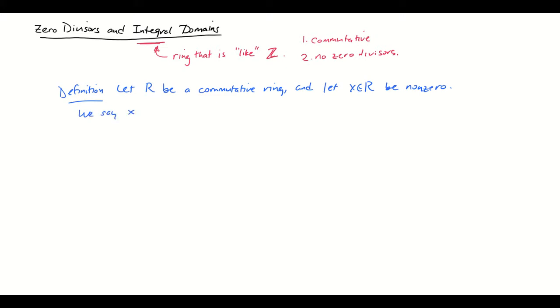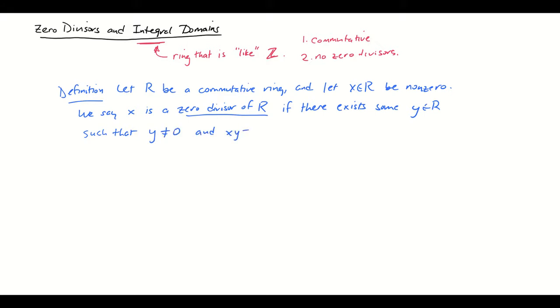We say X is a zero divisor of R if there exists some Y in R such that Y is non-zero and X times Y is 0. So X is a zero divisor if it's non-zero and there's some other non-zero element such that the product of those two elements is 0.